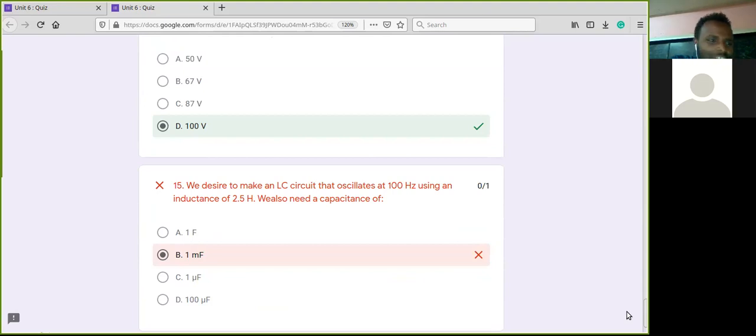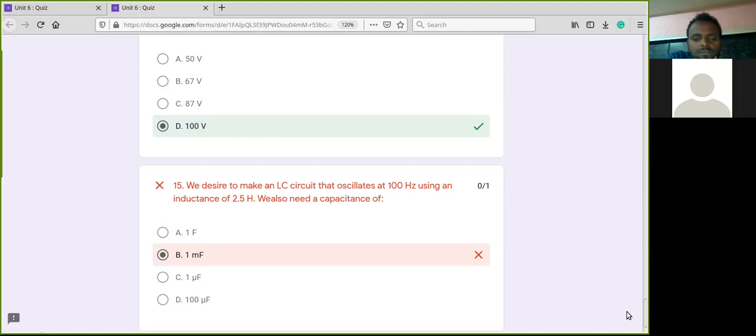You can use the formula where XL equals XC, where XL is omega times L and XC is 1 over omega times C. Then calculate for C. If you do it that way, you are correct. Maybe I made a mistake when I prepared the questions.